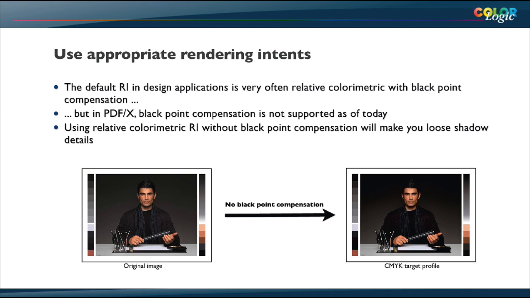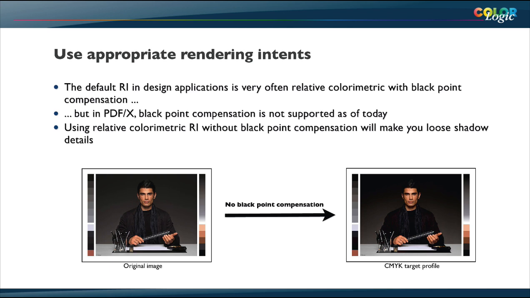The image with the assigned profile ends up in your PDF, and the rendering intent, how that image shall be rendered, is also given in the PDF. So the information about which rendering intent is typically stored when creating the PDF file. That means if you look at modern applications like QuarkXPress and InDesign, very often the default rendering intent in those applications is relative colorimetric with black point compensation.